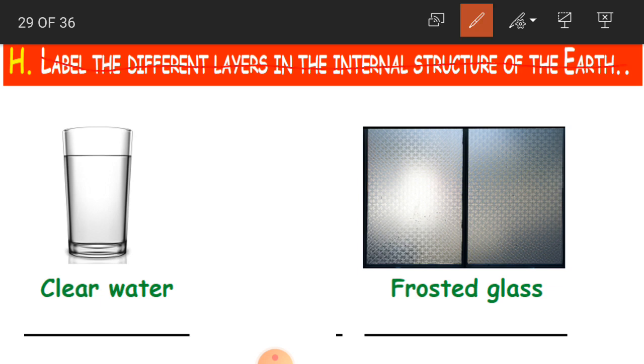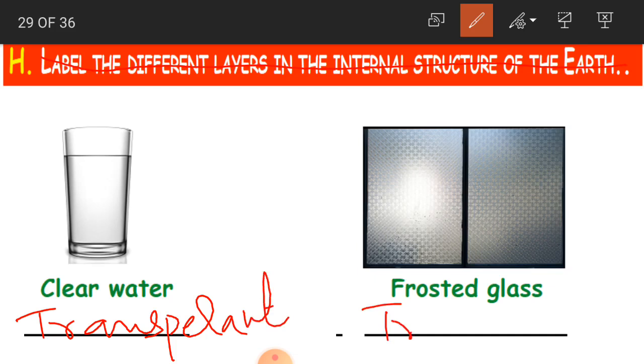So you have to just label the name of these materials, whether they are transparent or translucent. Okay. So clear water is what? Transparent. And frosted glasses?